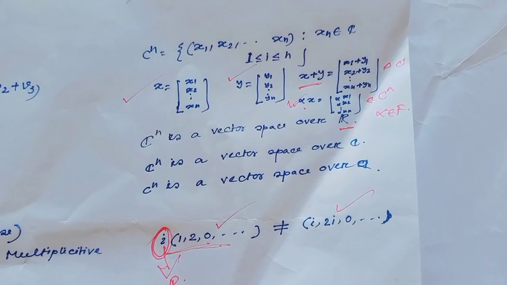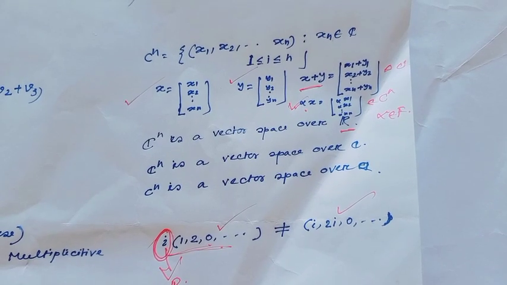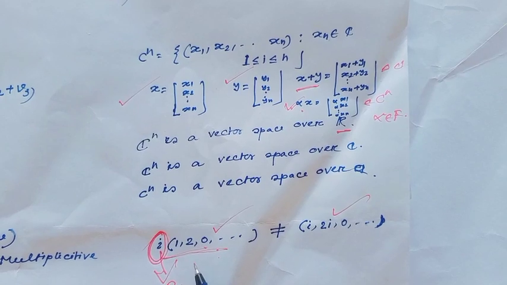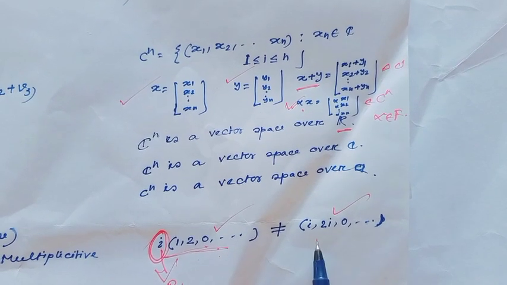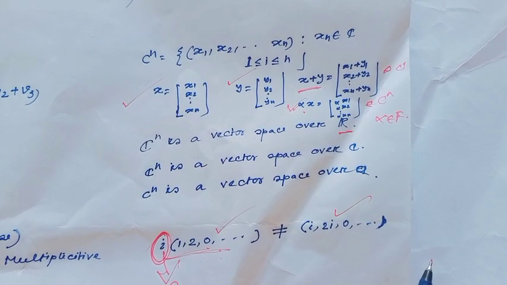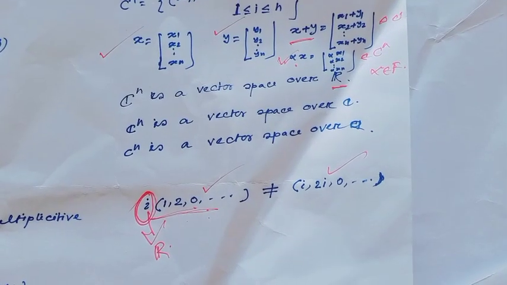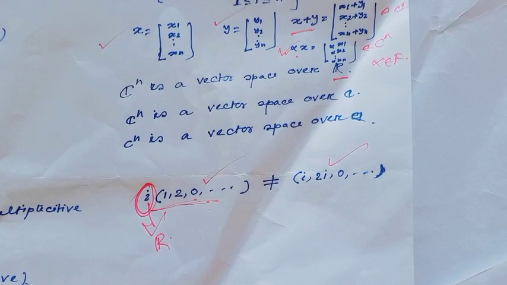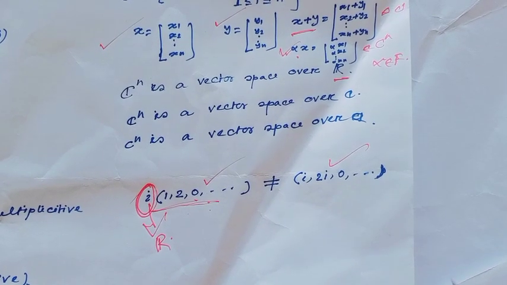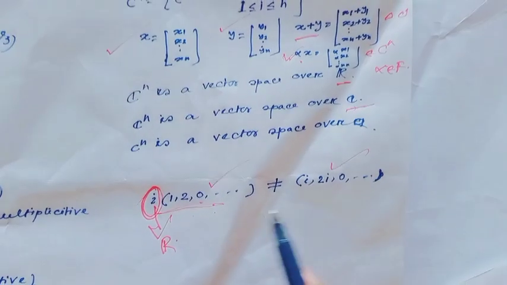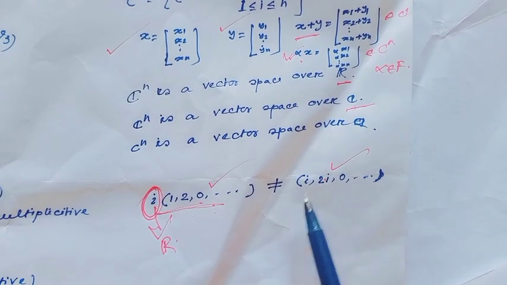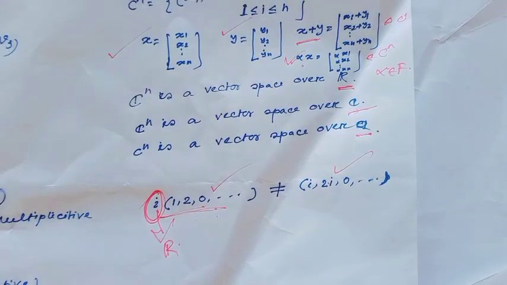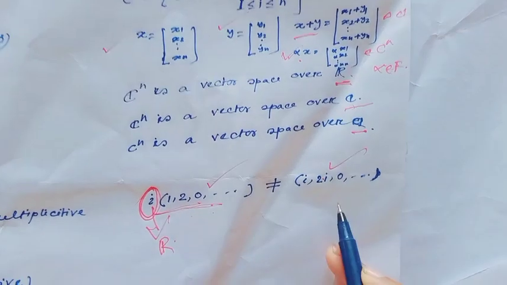So when the vector space is the complex numbers over the field of real numbers, this type of multiplication is not allowed here. This type of multiplication is applicable when the complex number space is a vector space over the complex numbers. Otherwise, over the real numbers or rational numbers, this multiplication is not allowed.